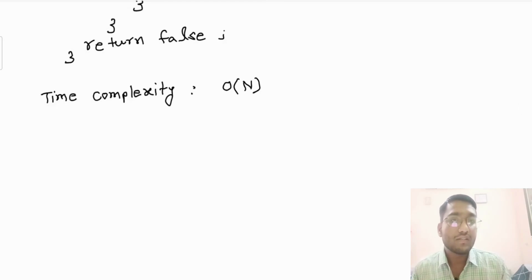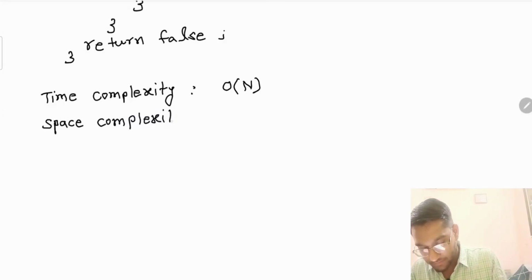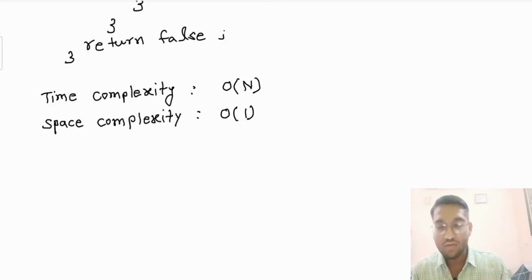And the space complexity is order of 1, because we don't require anything extra in order to store it. So in this case, time complexity is order of n and space complexity is order of 1.